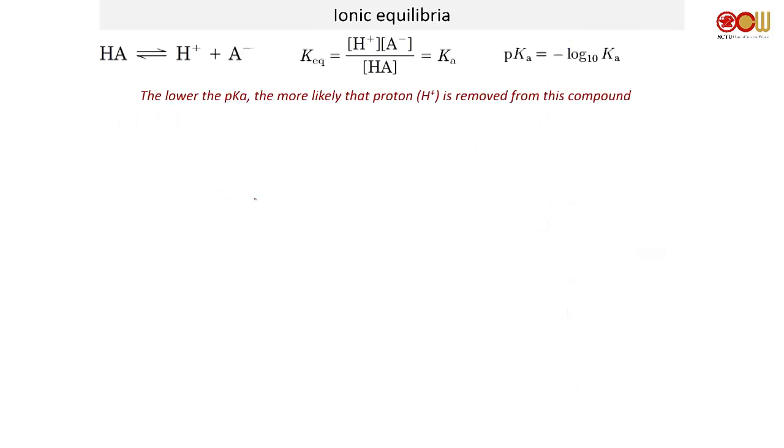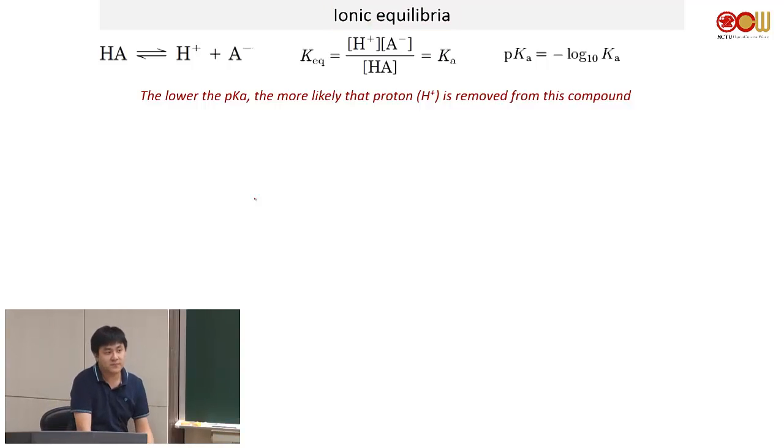So ionic equilibria. When we're talking about ionic equilibria, we are concerned primarily with weak acids, because most of the biological acids are weak acids, so they will have an equilibrium. For any general acid HA, it can dissociate into a proton plus the conjugate base A minus.